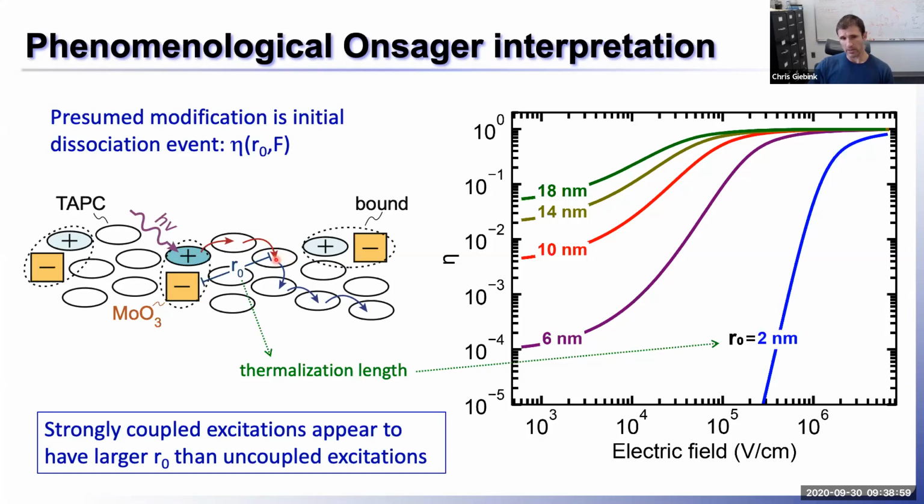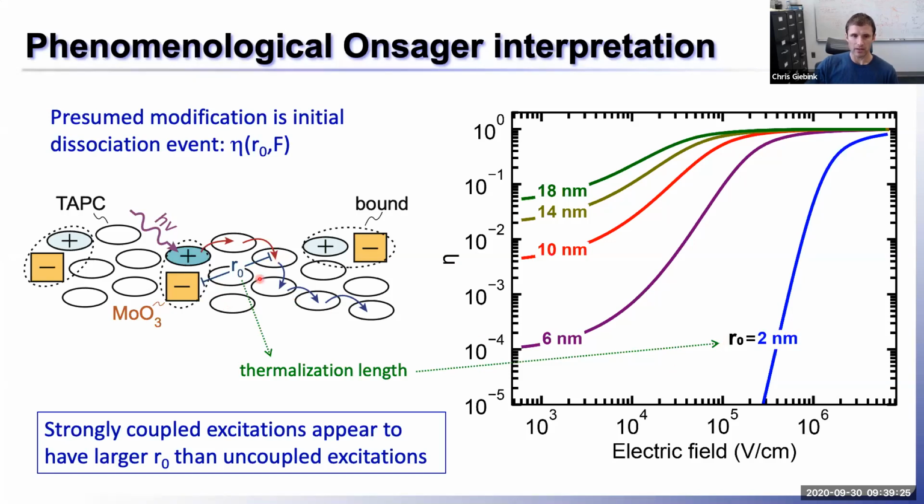There's a probability that depends on the applied field and the temperature that this either fully dissociates and goes on to contribute to the photocurrent, or goes back and gets retrapped with its counterion. The point here is that depending on r naught, that strongly affects the electric field dependence of the dissociation. So this is the dissociation yield of these initial ion pairs.